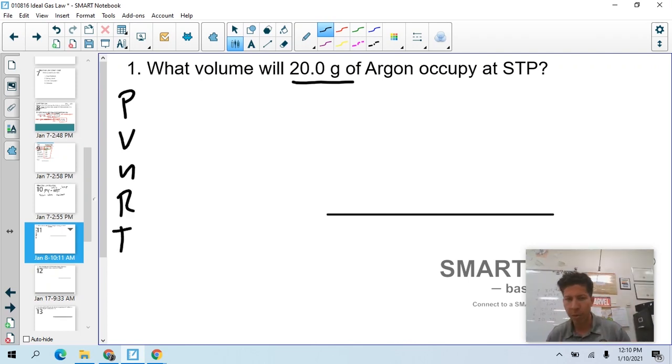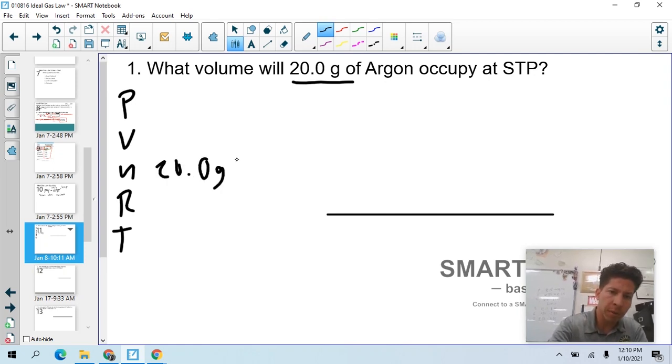Let's list out our variables and see what we have to solve for. Okay, so I know that the only number they gave me was grams, right? So that is an amount, so that's going to be n. 20.0 grams of argon. Okay, everything else is at STP. So remember, STP are those assumed values.